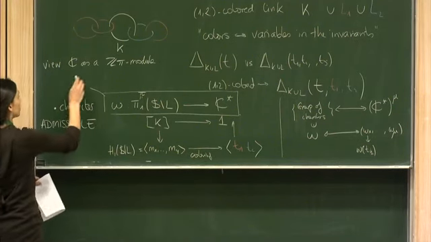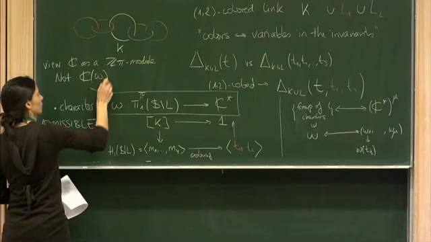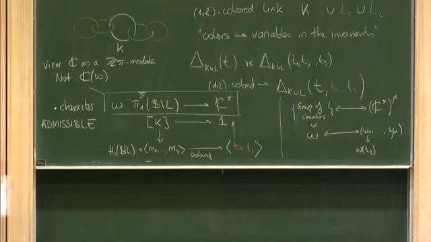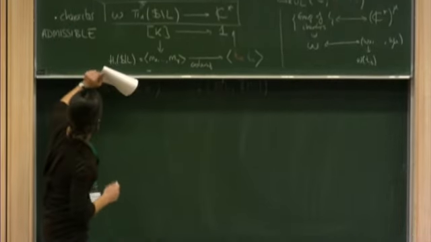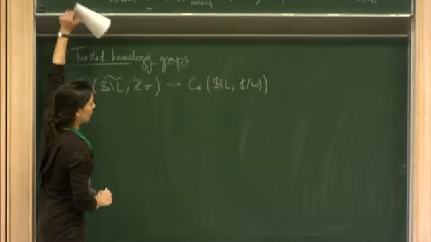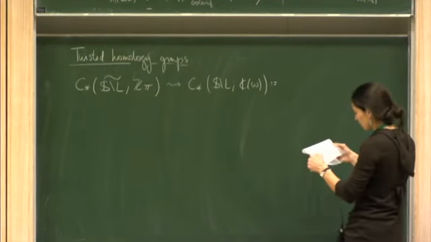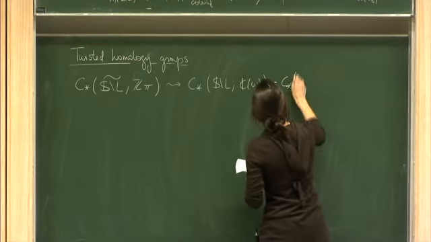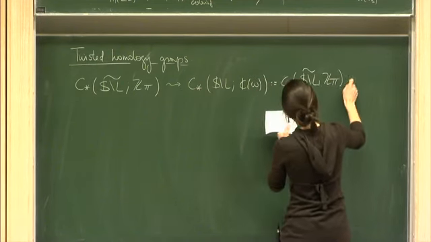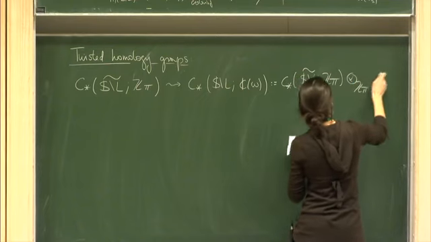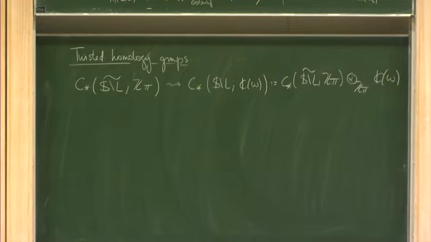And just to remind me, the notation that I'm going to use for this is C_omega. So this is just notation. It's just the complex numbers. The only thing that I'm reminding myself is that it has this action that comes from that character. So how am I going to define this chain complex? It's the chain complex of the universal cover with its structure as a Z[pi]-module, tensored over Z[pi] with this copy of C that I endow with this structure.